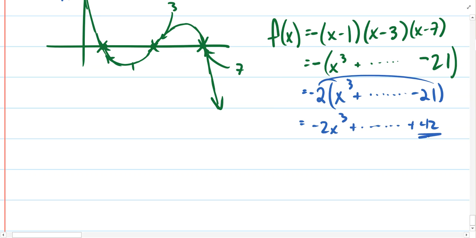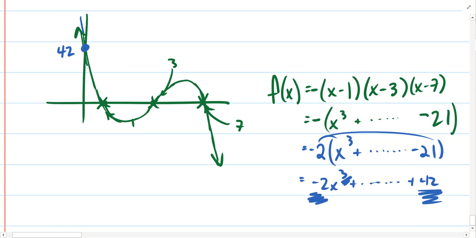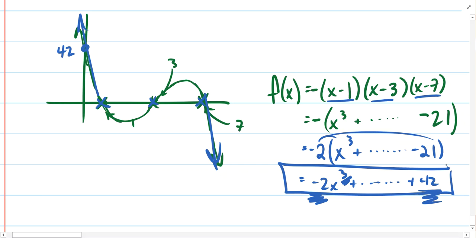And this 42 now represents our y-intercept, the negative leading coefficient with an odd degree does correctly account for the direction of our tails. When factored, we still have the factors x minus 1, x minus 3, and x minus 7, so these locations are preserved. And now we've got ourselves a nice polynomial that represents the temperature behavior in this window of time.